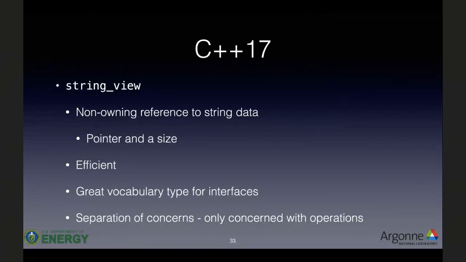I thought, that solves a lot of the problems I had, because before working at HPC, I worked at a trading firm on high frequency trading, and I didn't want to do string allocation. This was back before small string optimization, so they were always doing allocations, and I didn't want that.